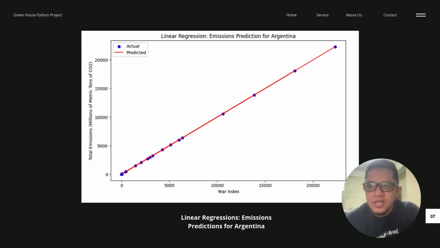However, this model only captures linear trends and does not take into account external factors, such as environmental policies or economic change that may affect future emission patterns. Therefore, for long-term prediction, more complex methods such as non-linear regression or machine learning-based models may need to be considered.